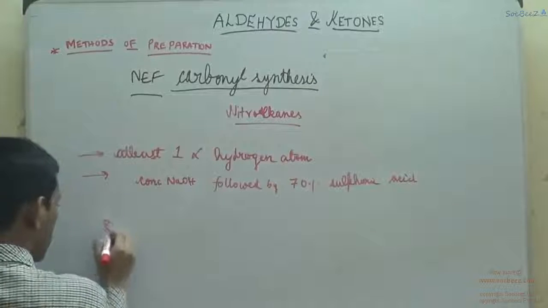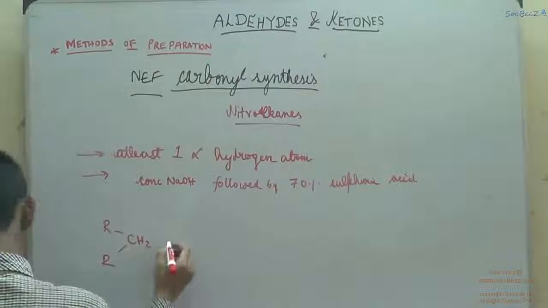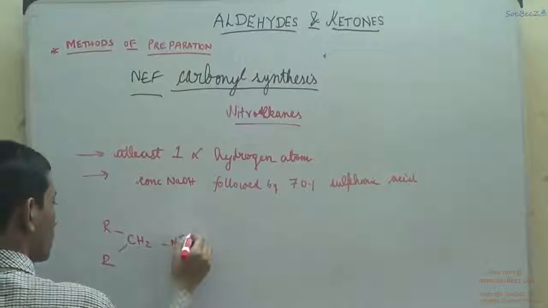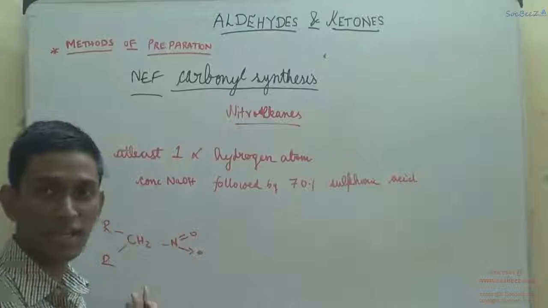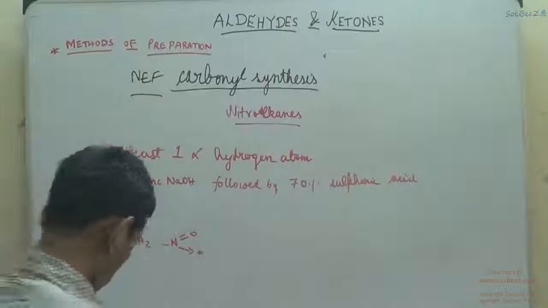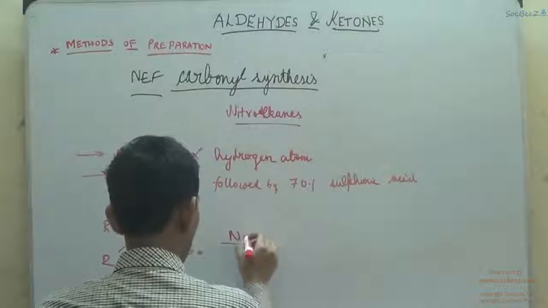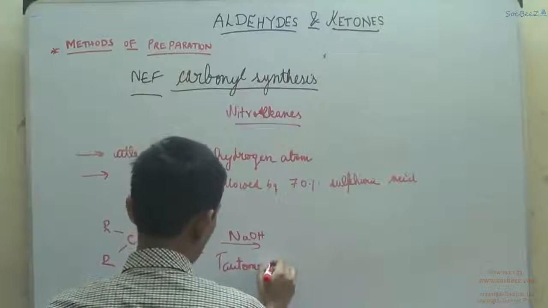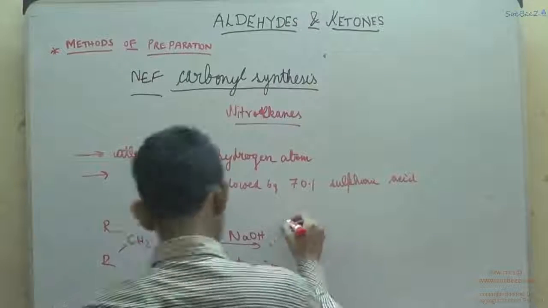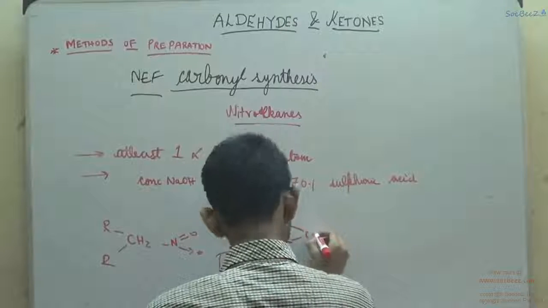So R CH2 R and double bond O NO. This is a nitroalkane, and if you treat with NaOH, what happens? It will undergo tautomerism in equilibrium.